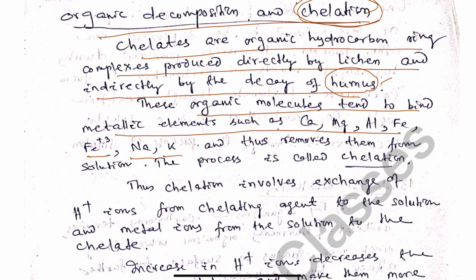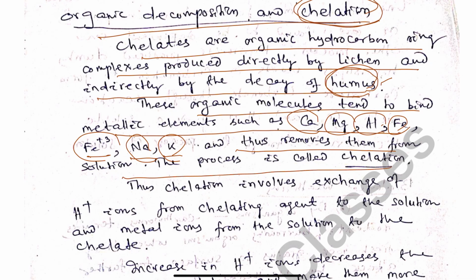And these ions are released from the minerals through the action of this humus, where hydrogen ion enters into the bonds of the minerals, and these metallic components are removed from the minerals. They are brought into the solution. This process is called chelation.